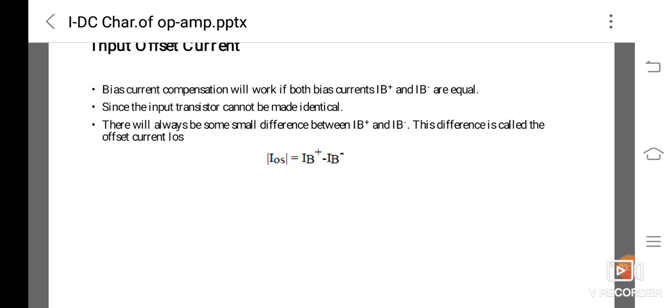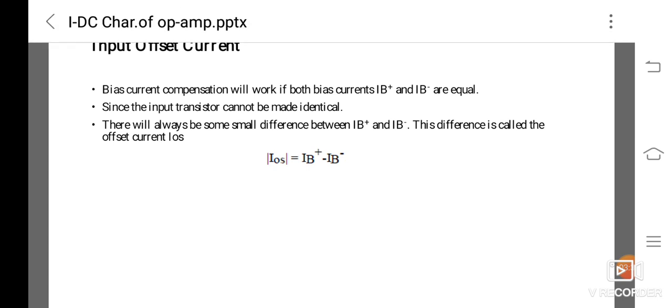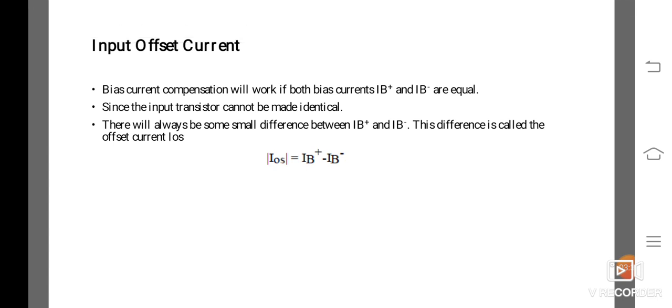Now the second characteristic is input offset current. Here, the bias current compensation will work only if both bias currents IB plus and IB minus are equal.